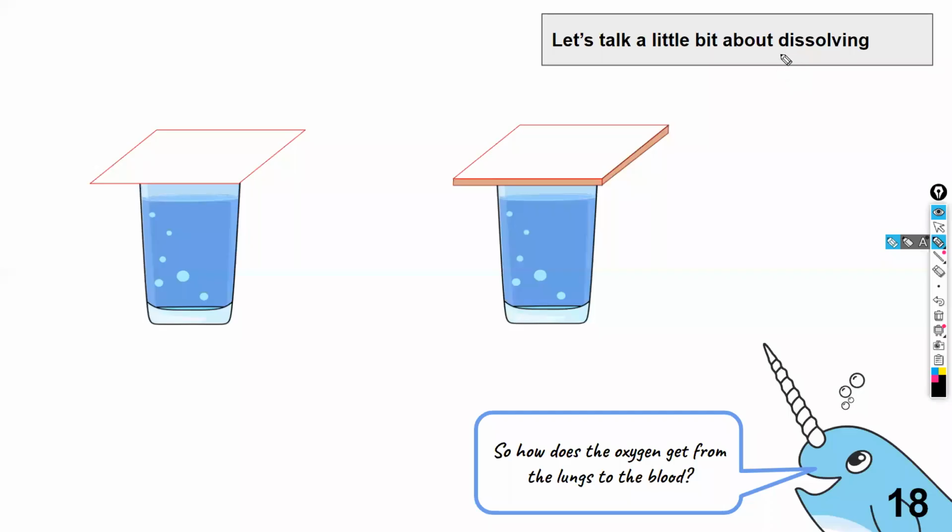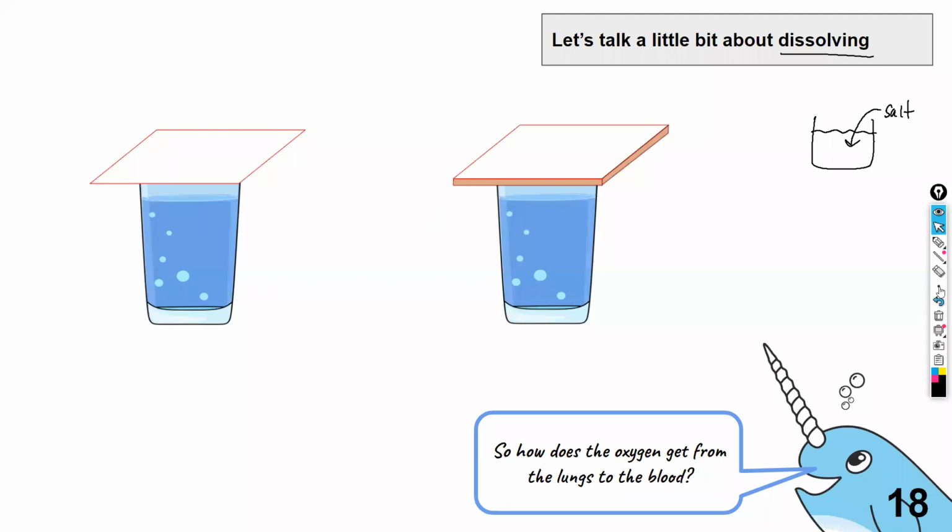Now, I think most people know what dissolving is. And the most common example of dissolving is that if you take water and you put salt or sugar in it, and you take a spoon and spin it, we normally say, hey, the salt or sugar gets dissolved in the water. But why is dissolving something important to this conversation?